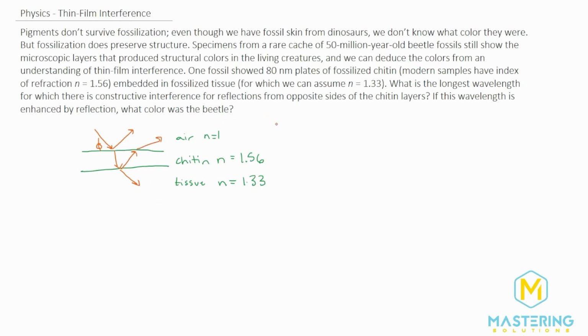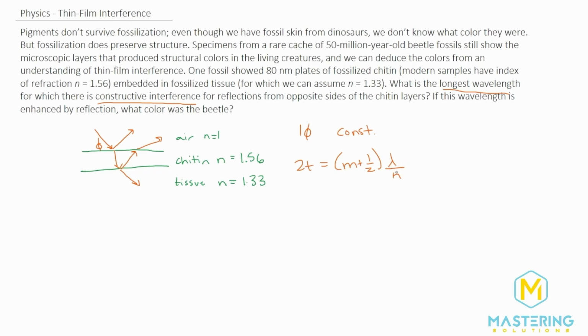So we want to know there is constructive interference and what the longest wavelength is. So we need the equation for one phase change with constructive interference. And that equation will be 2t is equal to m plus 1/2 times lambda over n.